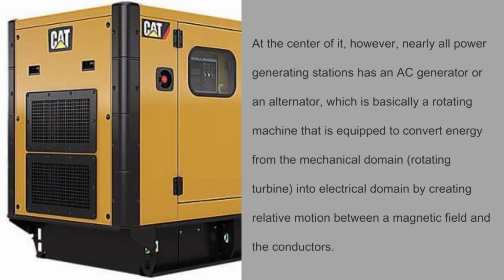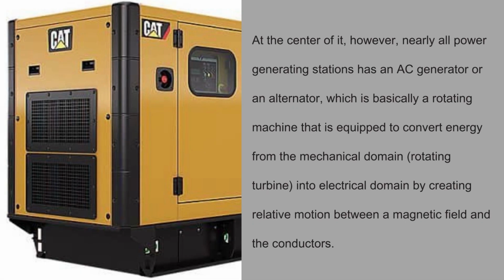At the center of it, however, nearly all power generating stations have an AC generator or an alternator, which is basically a rotating machine that is equipped to convert energy from the mechanical domain, that is the rotating turbine, into the electrical domain by creating relative motion between a magnetic field and the conductors. The energy source used to turn the generator shaft varies widely and is chiefly dependent on the type of fuel used.